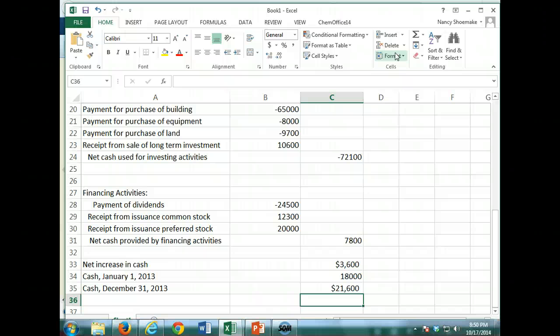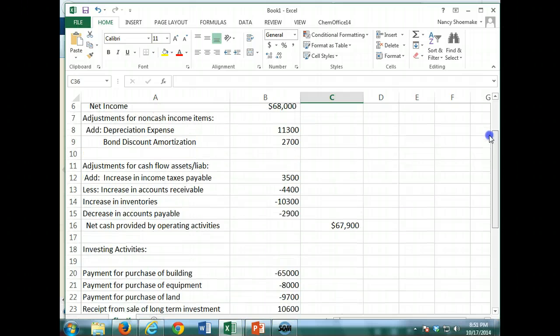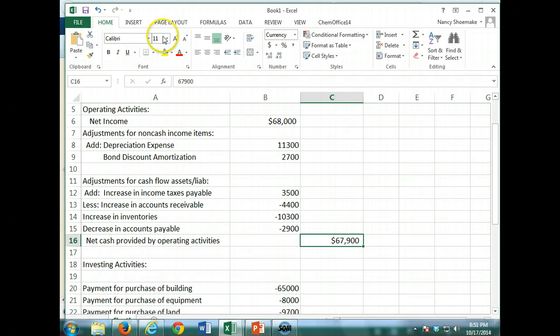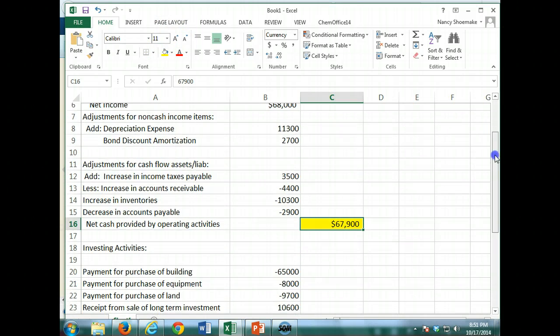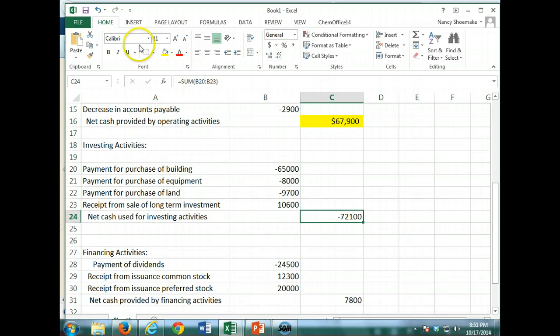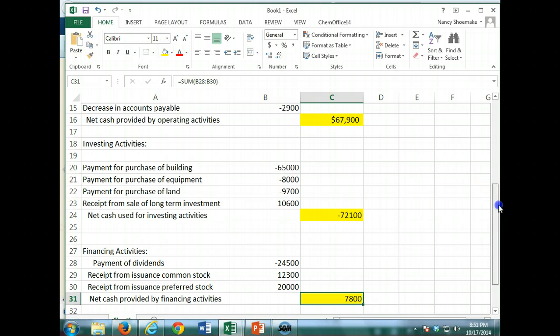Can you review what you added together for the net increase in cash, the 3,600? That's the total. I didn't have a minus somewhere. The 67,900 minus the 72,100, plus the 7,800, correct. Okay, perfect.